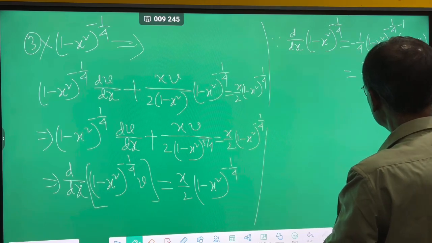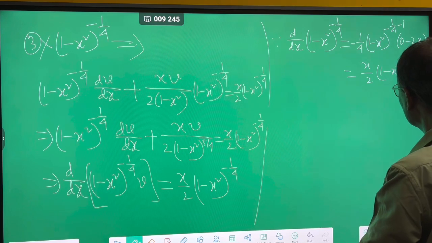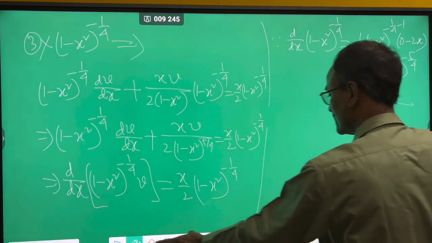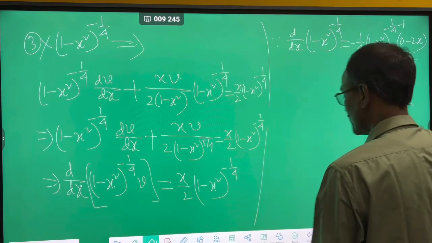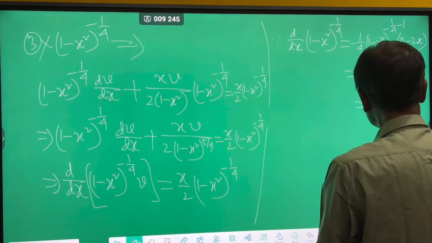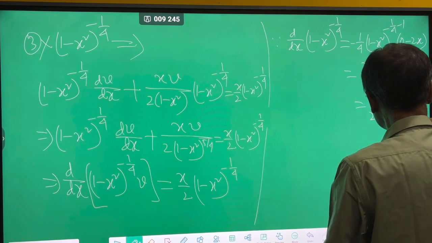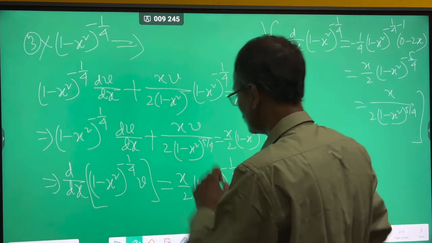1 minus x square whole to the power minus 5 by 4. This is equal to x divided by 2 into 1 minus x square whole to the power 5 by 4. You see what?